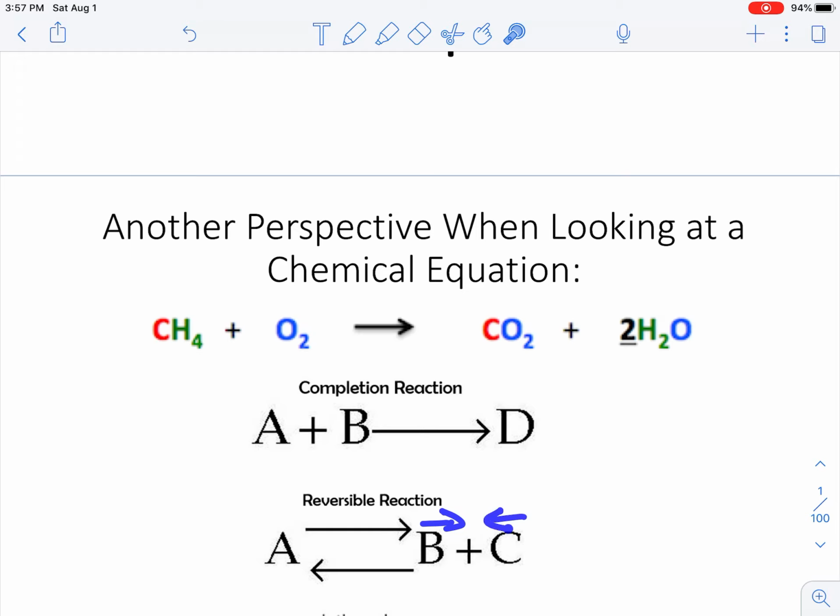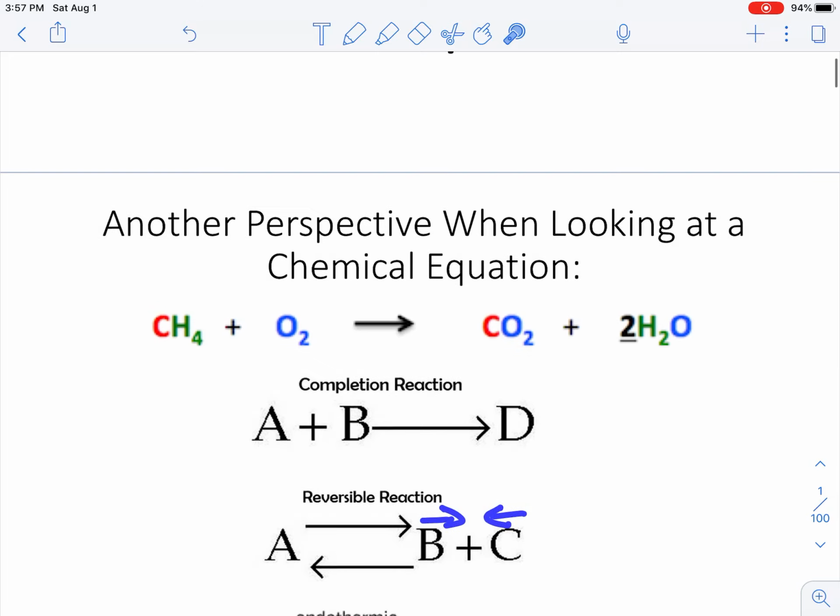And if they have the correct molecular orientation, and if they have enough kinetic energy to overcome the activation barrier, then the reverse reaction can occur, which allows the reactant to be reformed.